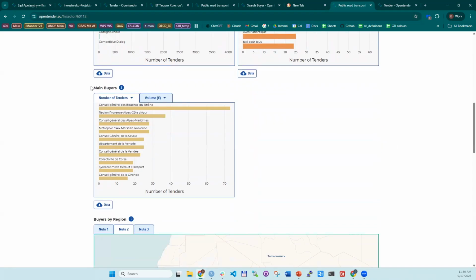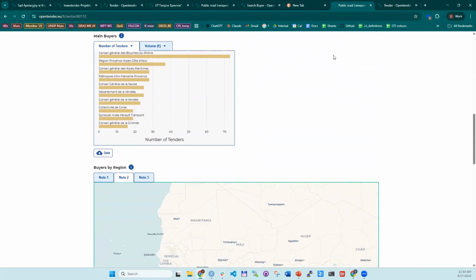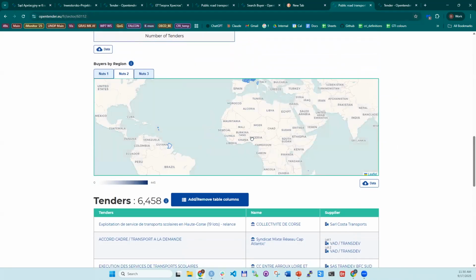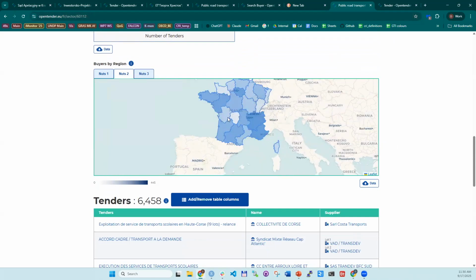Apart from the main suppliers, of course, the main buyers could be achieved as well. And then you can check some regions if you're interested in the regional disparities between, for example, southwestern France, southeastern France, or the middle of France.